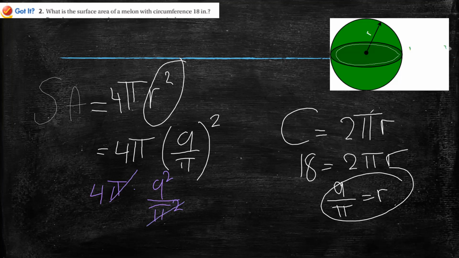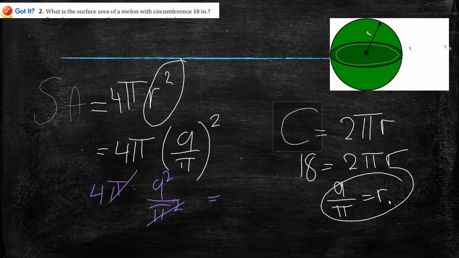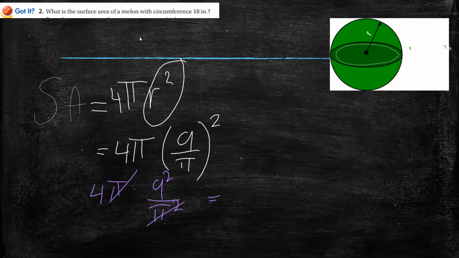Pi cancels pi, so it will be 9 squared, which is 81, times 4, which is 324.